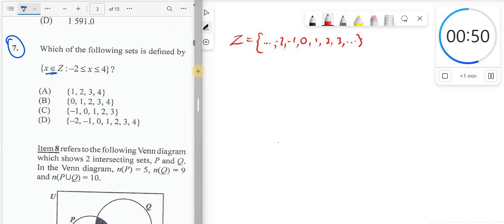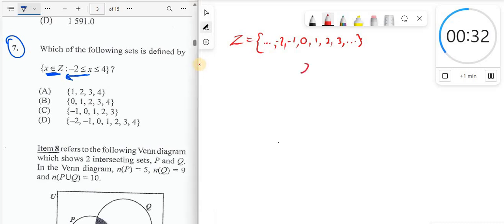So we're told that x is a member of the set of integers such that, if you're reading this way, -2 is less than or equal to x. So we're reading this way, we're saying x is greater than or equal to -2. But there's one thing I want to tell you quickly. A quick way of working out this question is this, look.